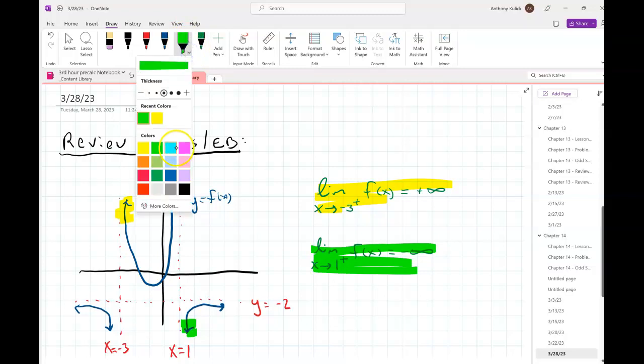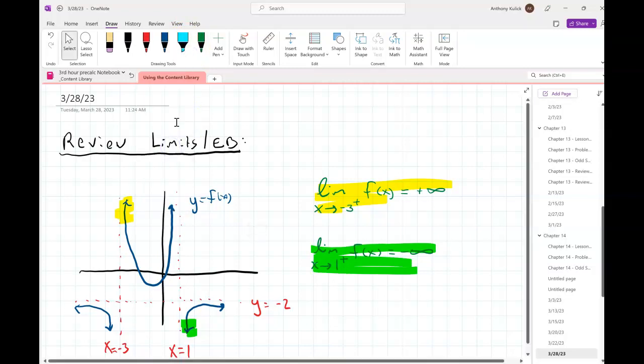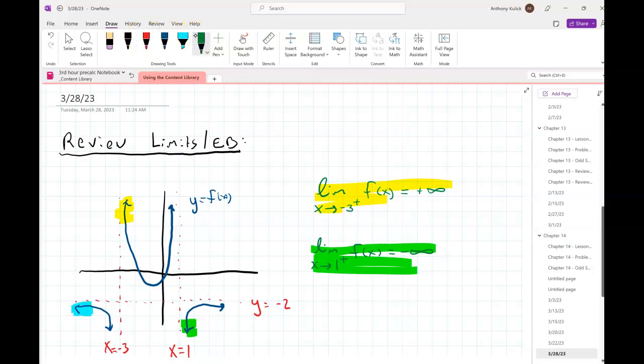Because I think I'll probably ask you to do this particular skill on the test. I'll give you the picture and ask you to write down the end behaviors using limits. That one is negative infinity, good job. f of x equals negative 2.